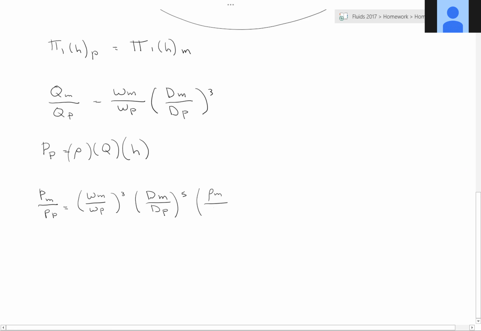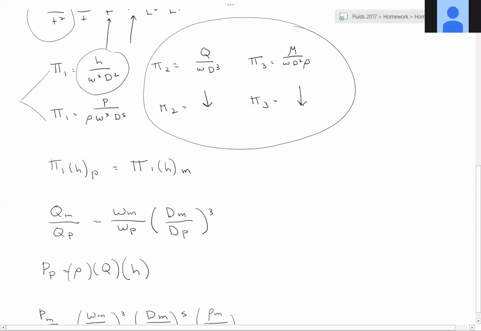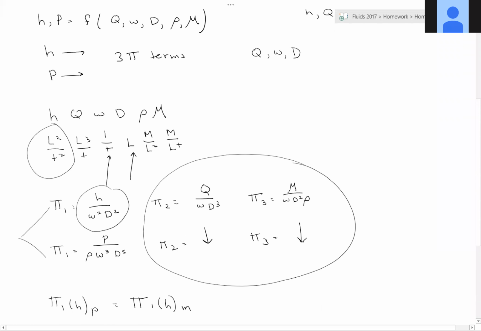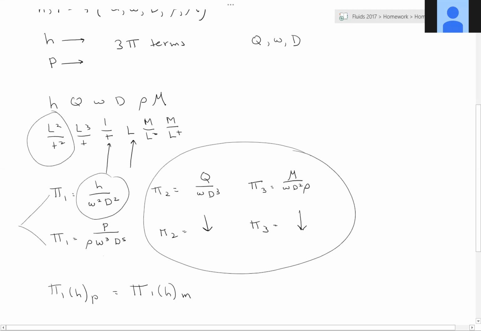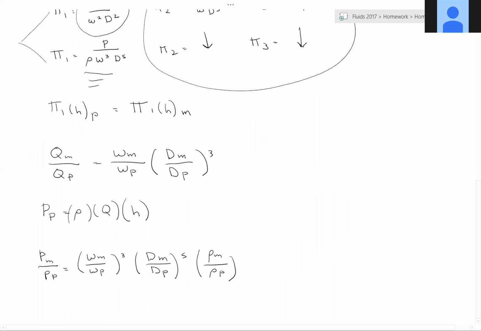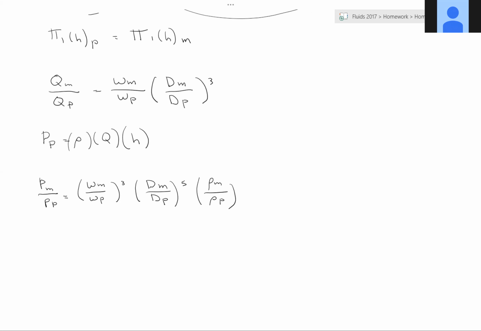and this ratio. And so let me go back to where we got that. We got that from this pi group here. What we said is, because they're similar, this pi group for the model equals the pi group for the prototype. And so if you look here, what is this? First of all, what can we cancel out?